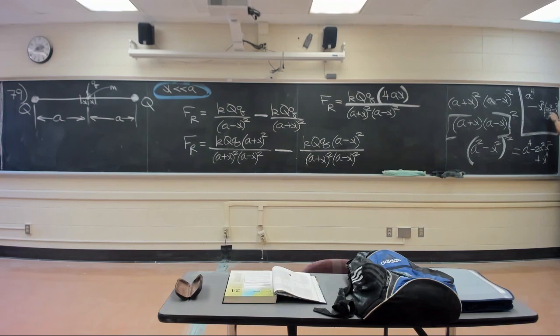Really this entire quantity is smaller than 2a squared, but you multiply it by this, and it's trivial compared to how big a squared is.